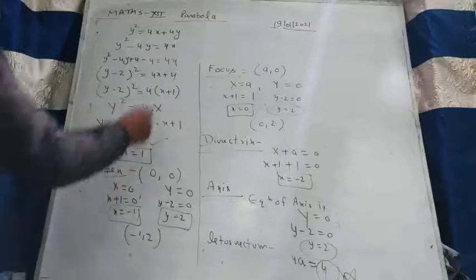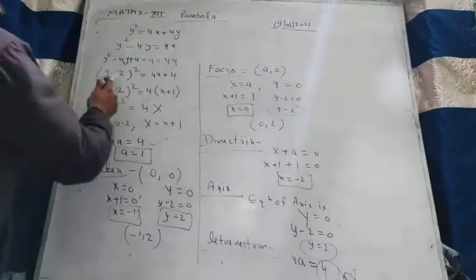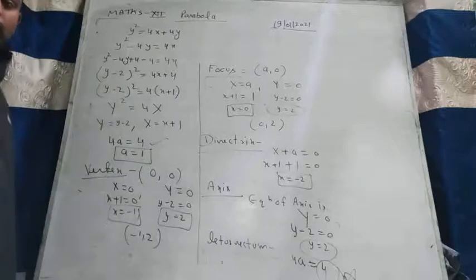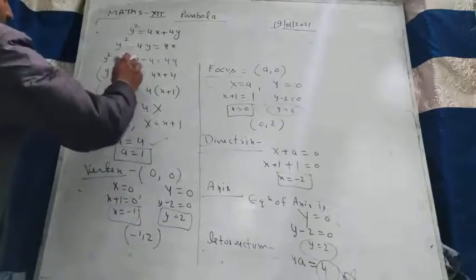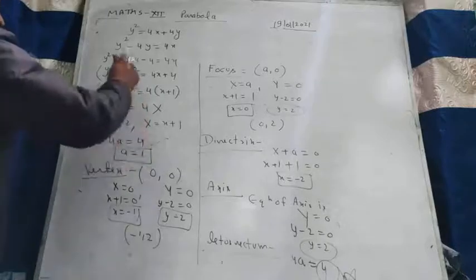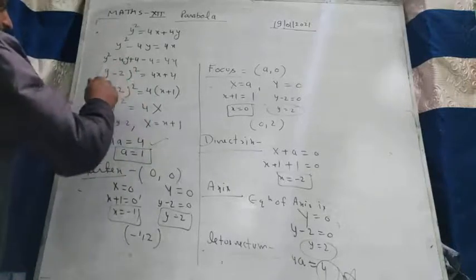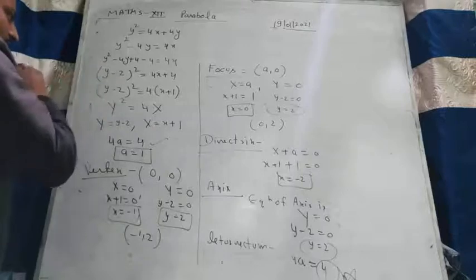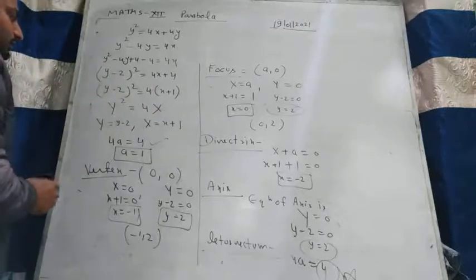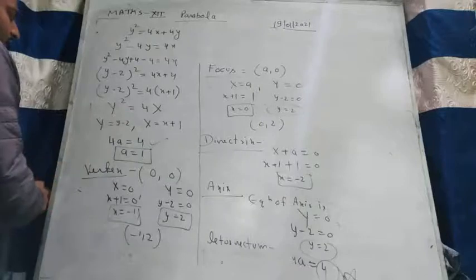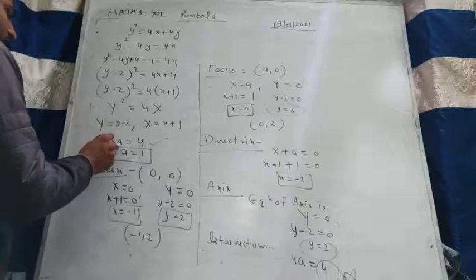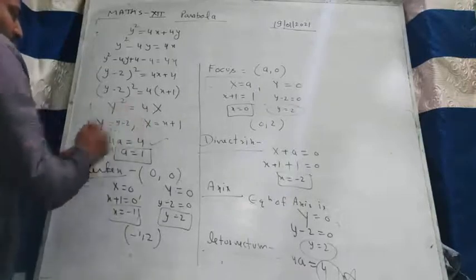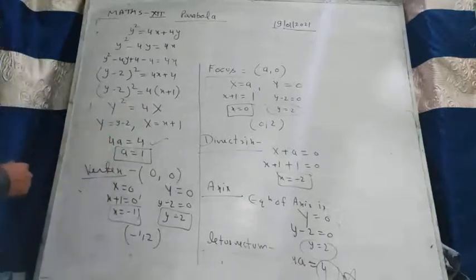So first of all, student, we make this in the form of y square is equal to 4x, in a standard form. We use the method of completing the square, adding plus 4, subtracting 4, and we get y minus 2 whole square, which is equal to 4x plus 1. So this is y square is 4x, student. So capital Y is y minus 2, capital X is x plus 1. When we compare this with 4a, we get a is equal to 1.